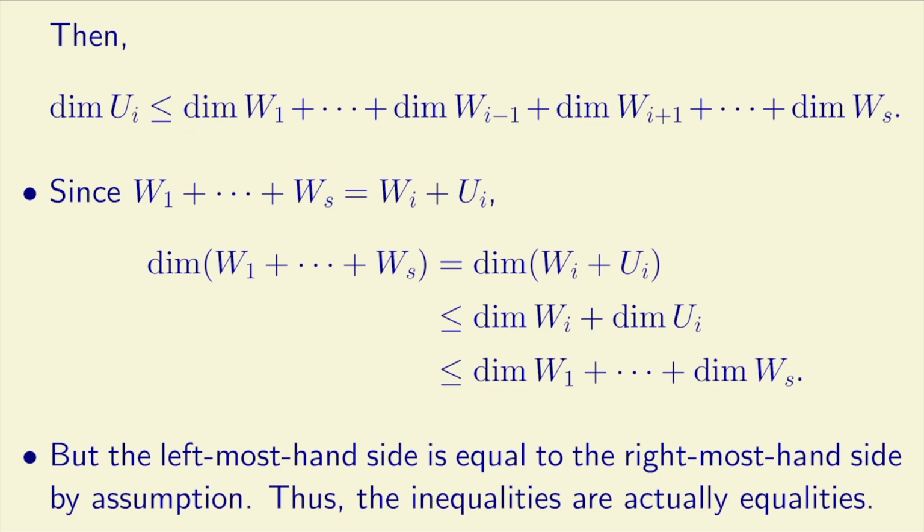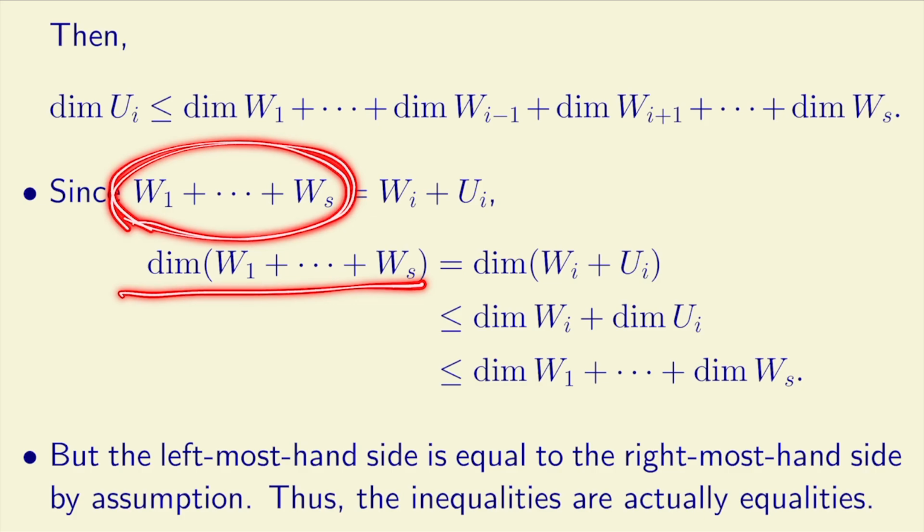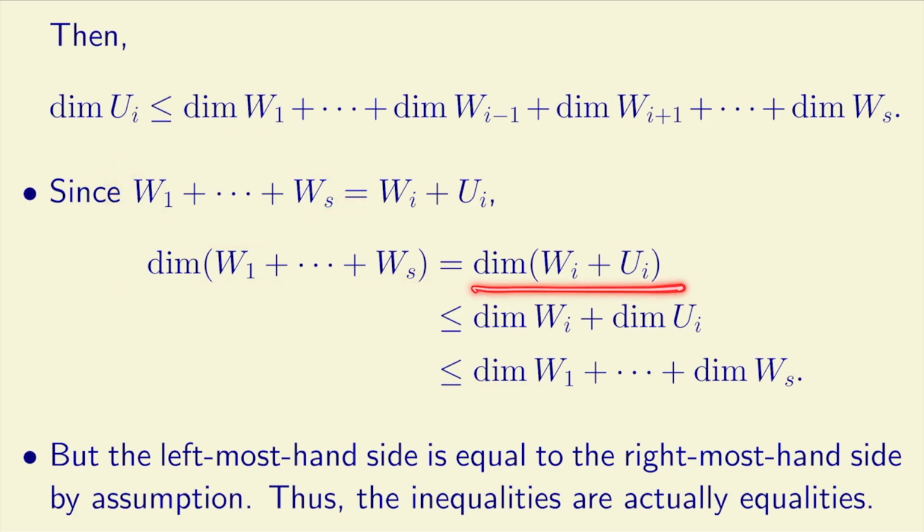Okay. Now, since the sum of all the subspaces from W1 to Ws is equal to Wi plus Ui, because Ui is the sum of this except for Wi. So if we add Wi, they are the same. Now the dimension of this sum is given by this, because they are equal. And this is less than or equal to the sum of these dimensions.